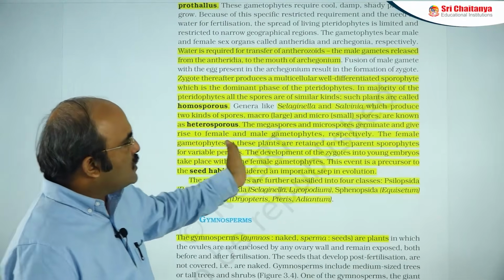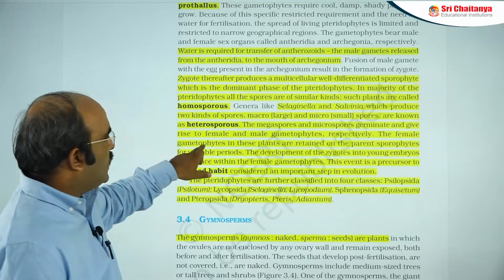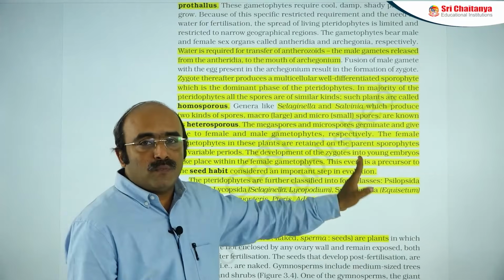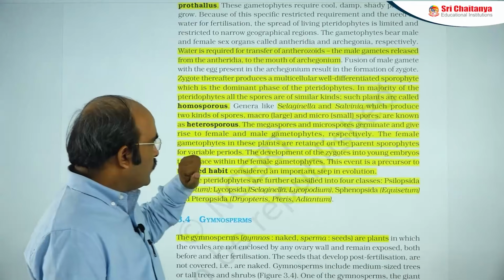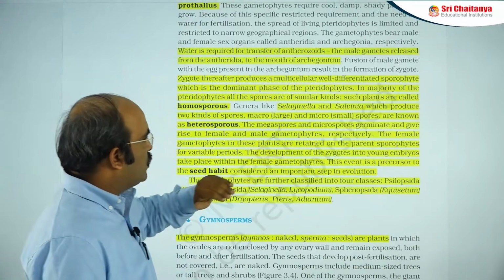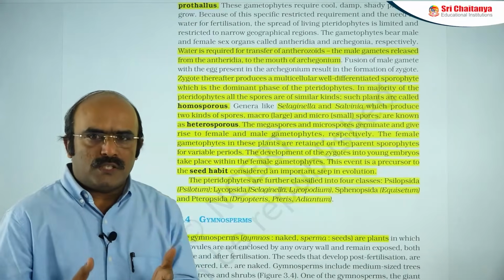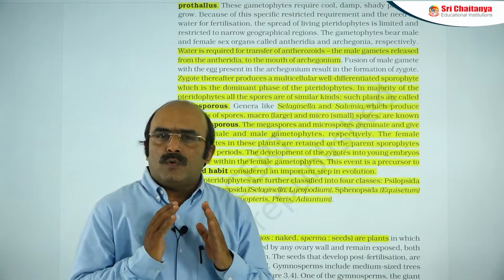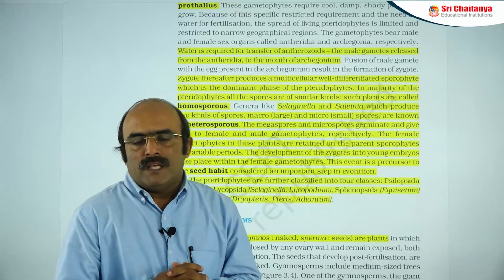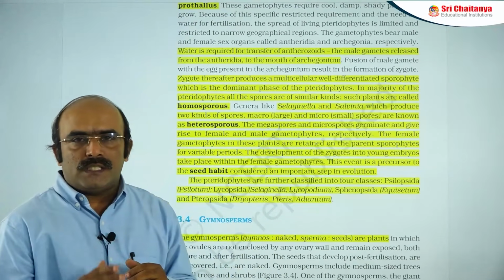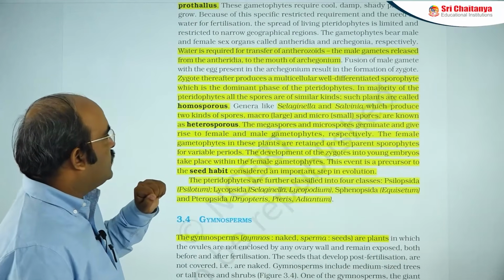Now, the megaspores and microspores germinate to give rise to female and male gametophytes respectively. So the megaspores will give rise to female, whereas the microspores give rise to the male gametophytes. And the heterosporous pteridophytes are the group of plants which show precursors for seed habit. So the precursor for seed habit is seen in the heterosporous pteridophytes, namely Selaginella and Salvinia.